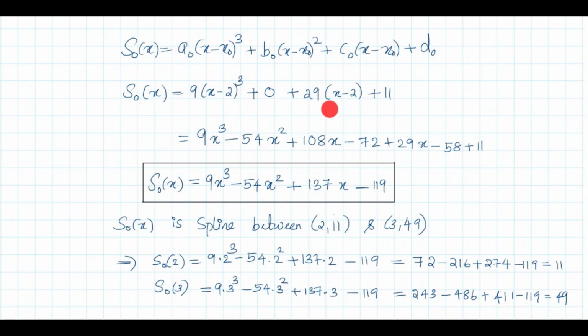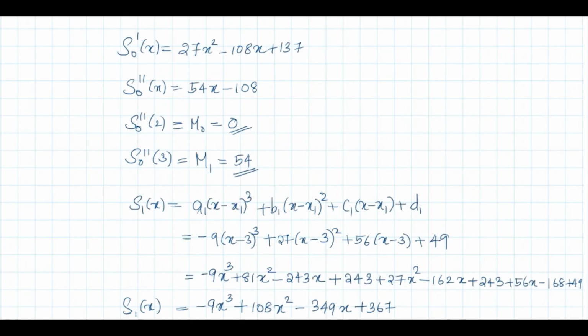The final expression is S0 of x equal to 9x cube minus 54x square plus 137x minus 119. This is the spline between the points (2, 11) and (3, 49). Verify by putting x equal to 2: you will get 11. If you put x equal to 3, you will get 49.